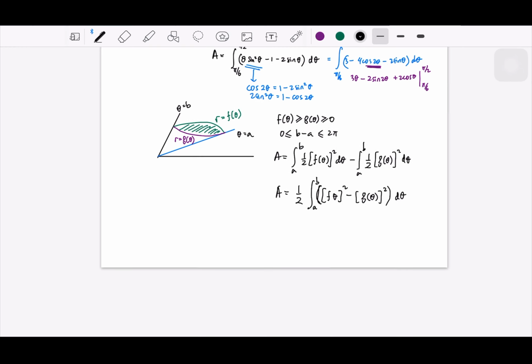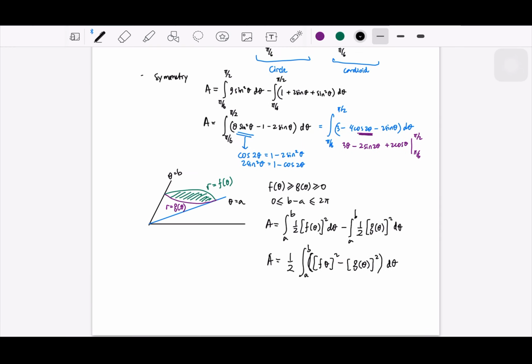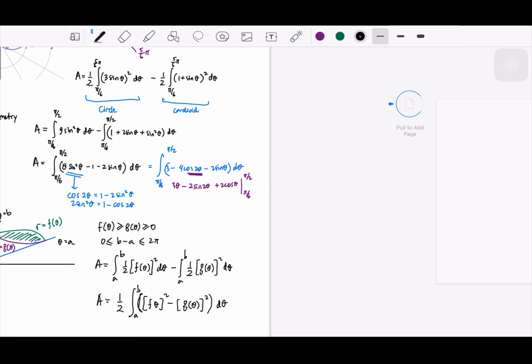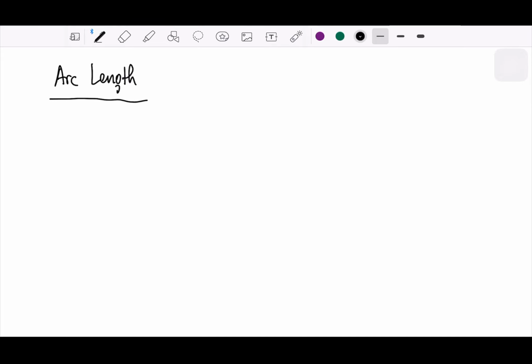Okay, so this is all the area. Now we move to the arc length. Okay, arc length. Remember that we have the relations between Cartesian and polar.